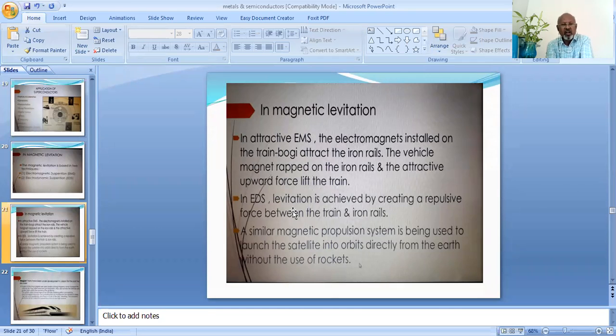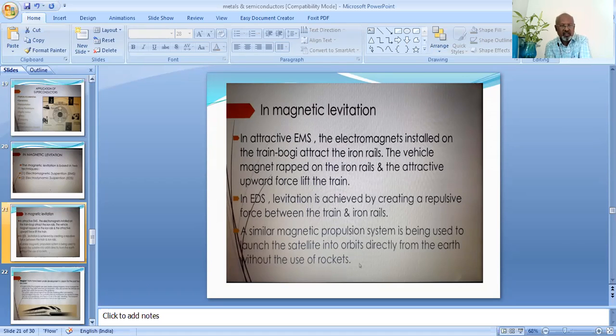In EDS, the levitation is achieved by creating a repulsive force between the train and the iron rails. And thirdly, a similar magnetic propulsion system is being used to launch satellites into orbit directly from the earth without the use of rockets, because rockets are what carry the satellite from earth into space.